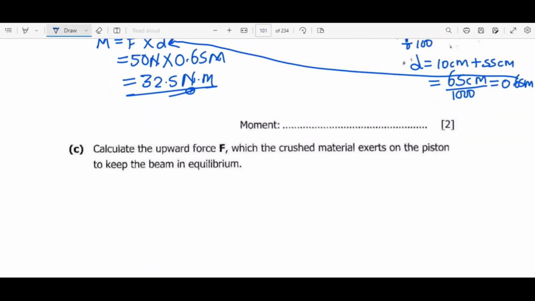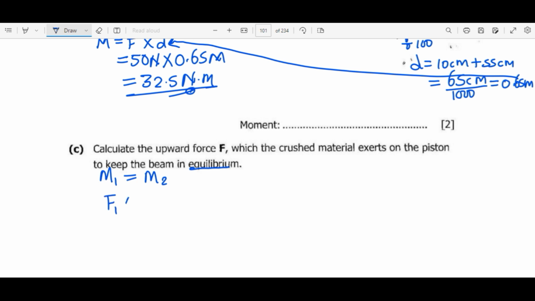C. Calculate the upward force which the crushed material exerts on the piston to keep the beam in equilibrium. So for this to be in equilibrium, we said moment 1 must be equal to moment 2. So the moment is the force.